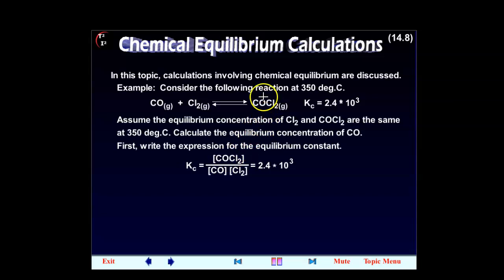Now remember, when you do that, the product over concentration of the reactant is what we are doing here. And your Kc, equilibrium constant, equals that expression.